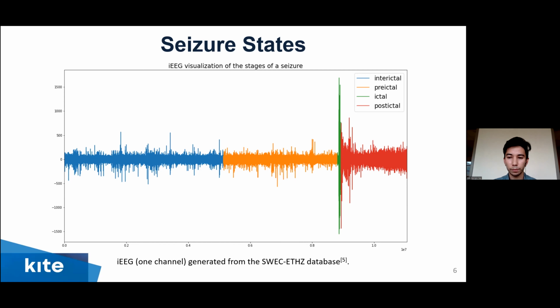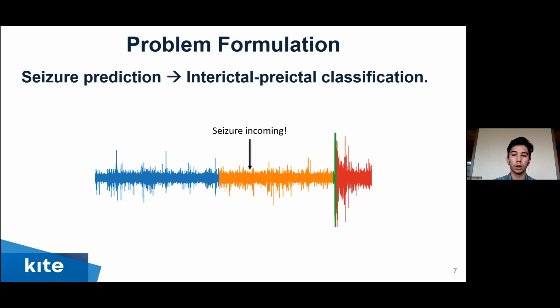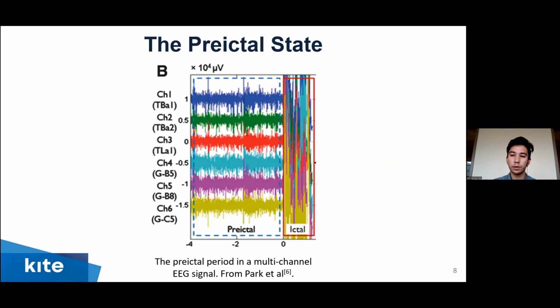The idea here is that by identifying a preictal state, we can assume that a seizure will occur within some given time. So we can view seizure prediction as a classification problem between the interictal and the preictal states. This preictal state is considered a time period before a seizure where there are some kind of observable physiological changes. One issue is that the length of the preictal state is not widely agreed upon in the scientific community.